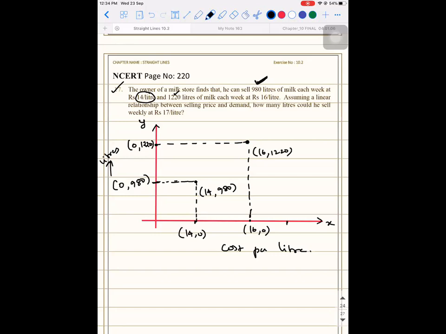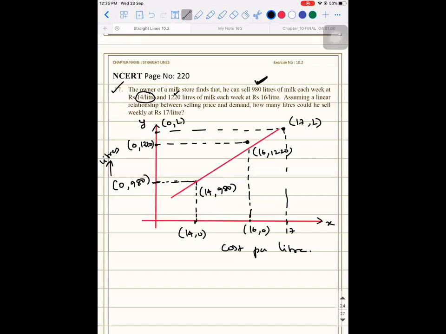What is their question? If he is able to sell something at 17 liters, then how many liters will he be able to sell? So this will be 0, if I take it as L liters, then what will this coordinate be? 17, L. Now what did they say?